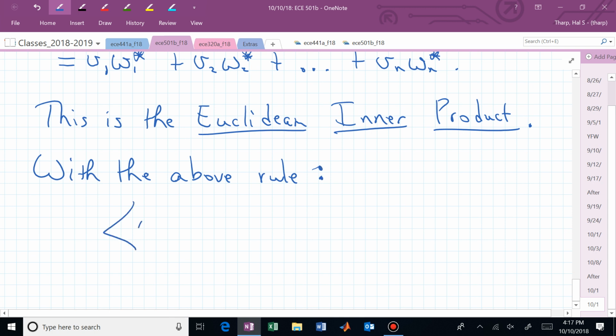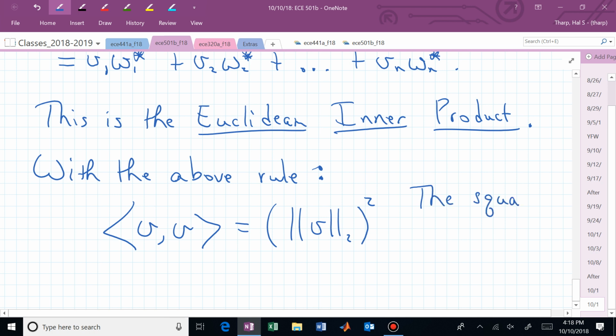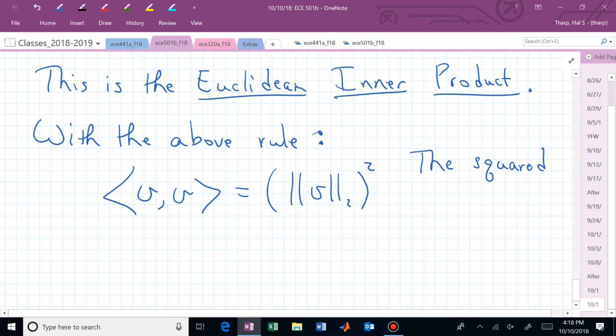With the above rule we can now say that the inner product of v with itself is now the 2 norm of v squared. So the inner product of a vector with itself gives you the square of its 2 norm, the squared Euclidean length of the vector v.